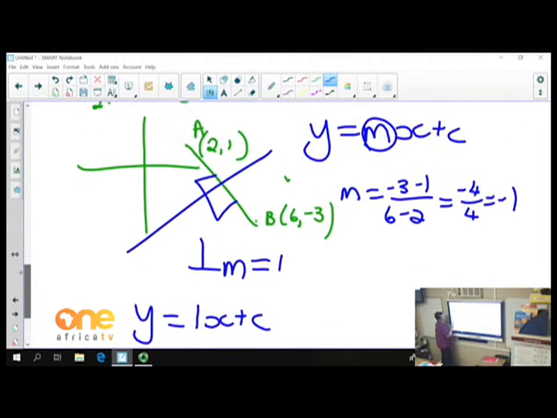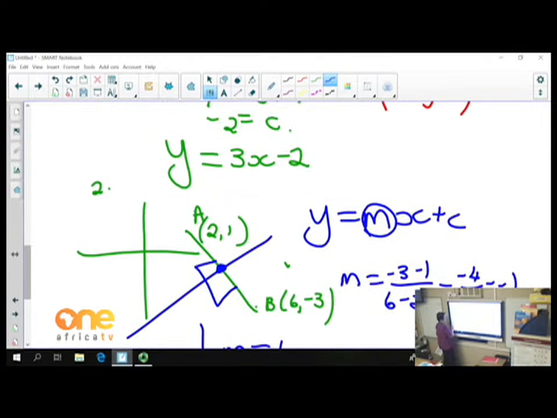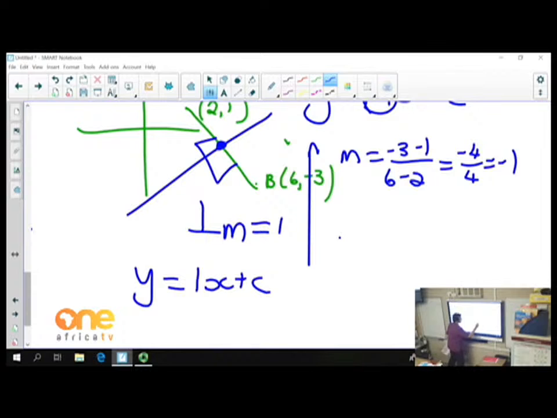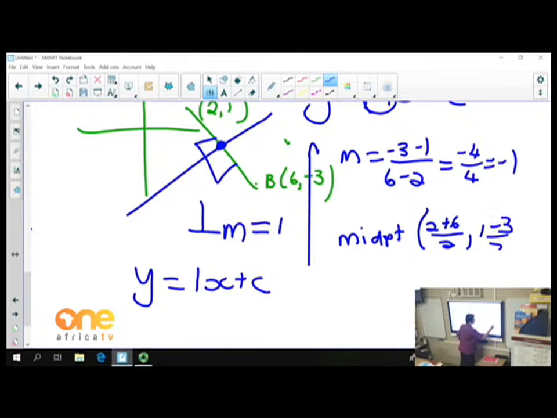This line passes through the midpoint of A and B. The bisector, that's how I know it. It's the bisector, so it passes through the midpoint. So it's the midpoint of these 2 points. So what is the midpoint? 2 plus 6 over 2, and then 1, is it plus or minus 3? Minus 3 over 2.